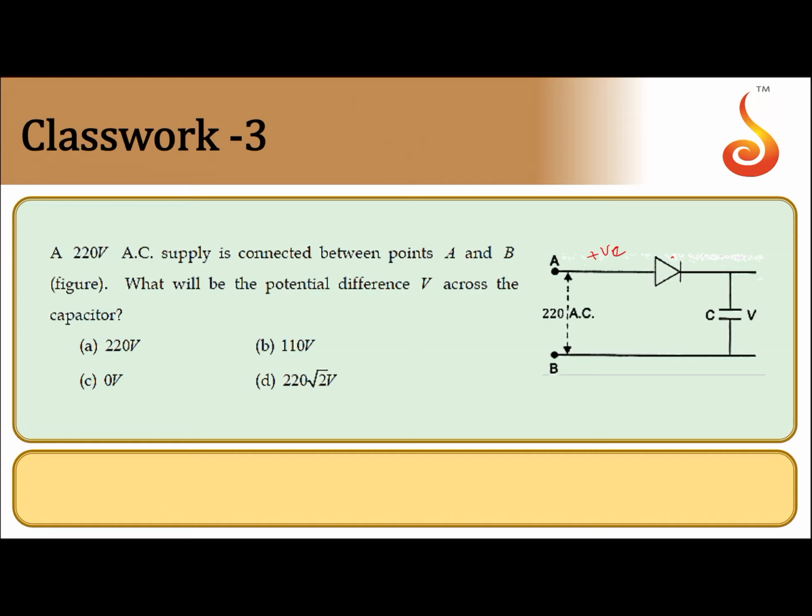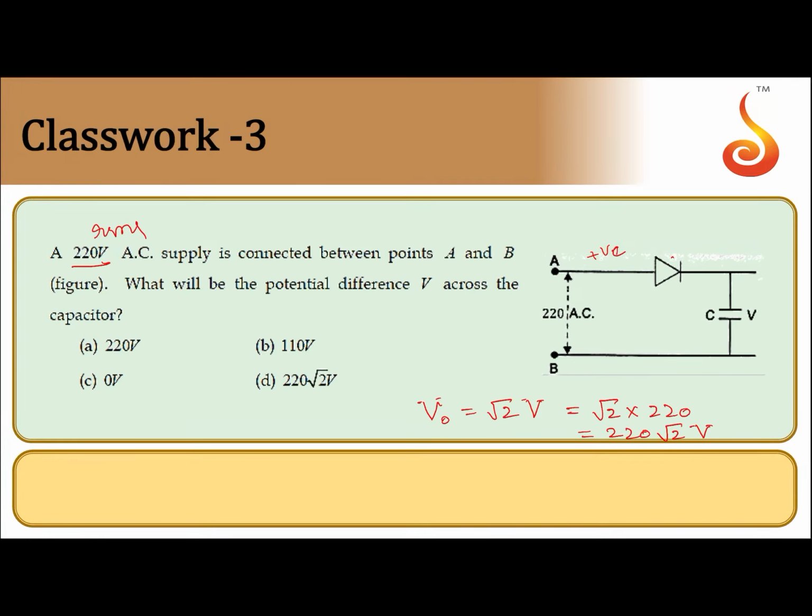So the peak voltage of AC is V0 equal to root 2 times V, that is equal to root 2 times 220, that is equal to 220 root 2 volt. So this value given is RMS.